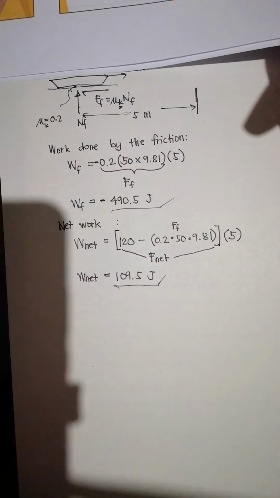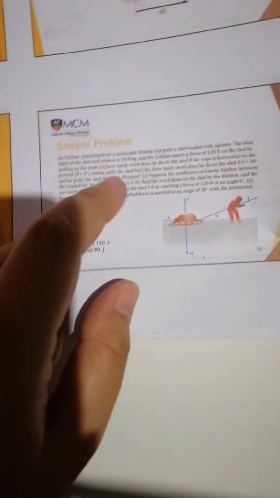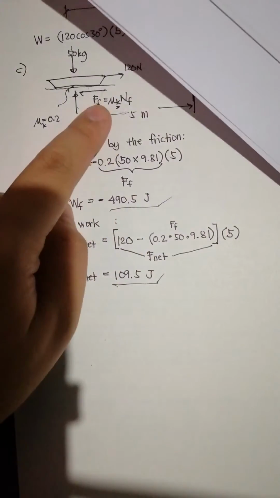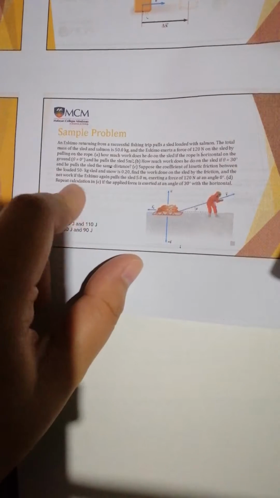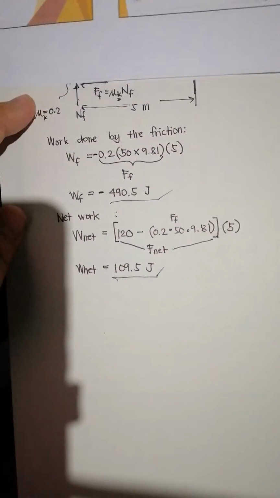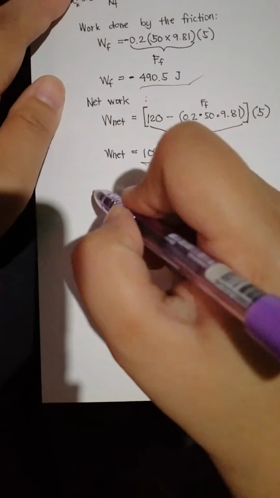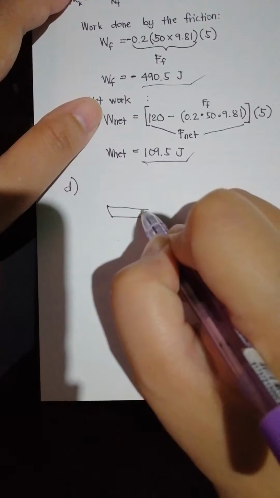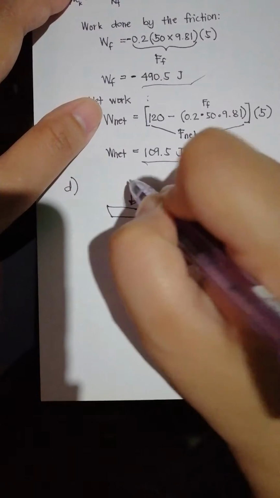Next we have the last question. The same condition as this one, but this time we repeat the calculation with the applied force exerted at an angle of 30 degrees. So again, we have the sled with a mass of 50 kilograms.